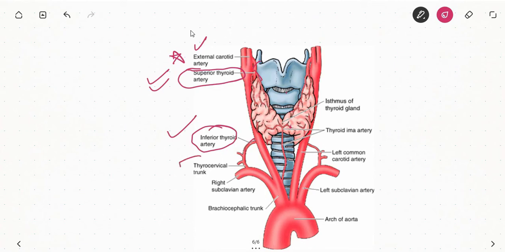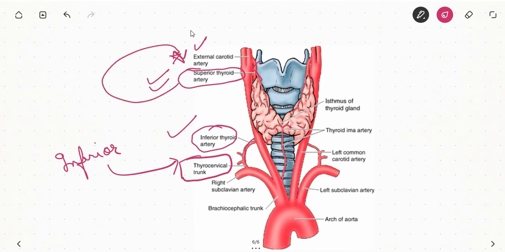Other is the inferior thyroid artery. It is the branch of the thyrocervical trunk. So inferior thyroid artery is the branch of thyrocervical trunk. Superior thyroid artery is a branch of external carotid artery.